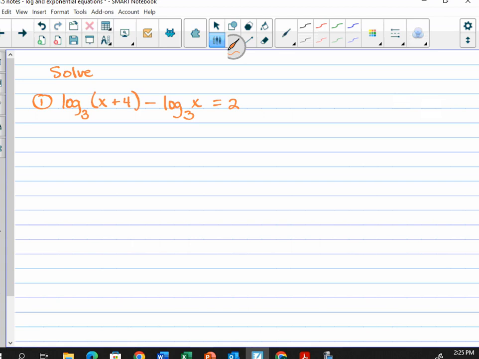Ah, you've got extra logs going on there that you don't need. What's the base? When you write it as an exponential, that's better.